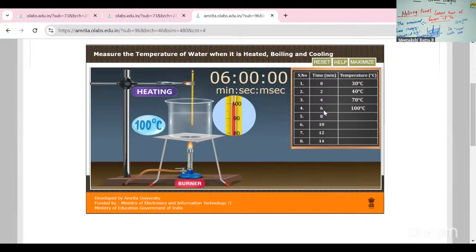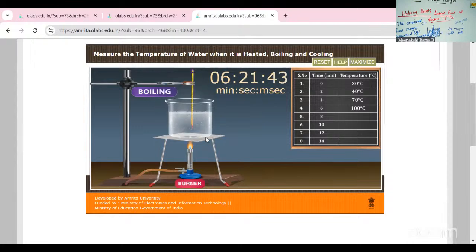So after 6 minutes, the boiling point of water is attained, that is 100 degrees Celsius. It is one of the important questions also: what is the boiling point of water? So the boiling point of water is 100 degrees Celsius.